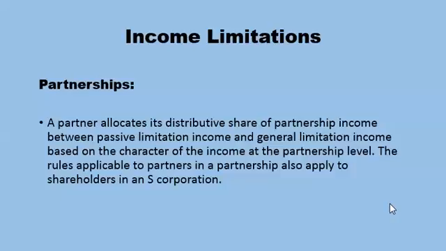Partnerships. A partner allocates its distributive share of partnership income between passive limitation income and general limitation income based on the character of the income at the partnership level. The rules applicable to partners in a partnership also apply to shareholders in an S corporation.